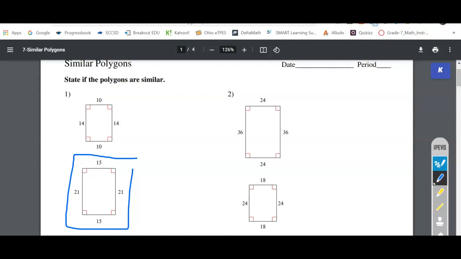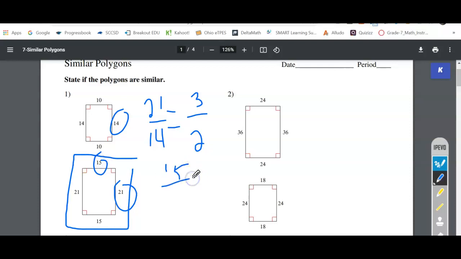So I'm going to start with any of these sides, 21 over 14, that corresponds with it, and simplify. You get 3 over 2. Now do the same thing with the other corresponding sides. 15 over 10.